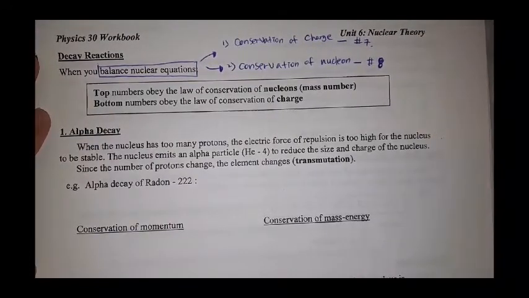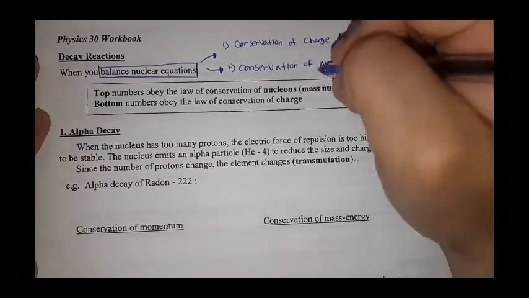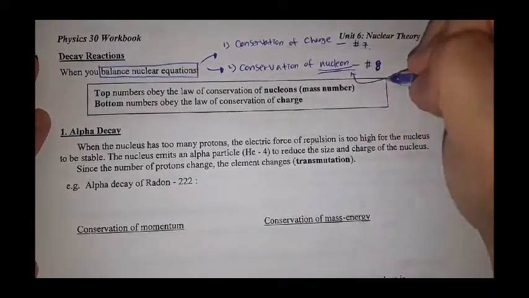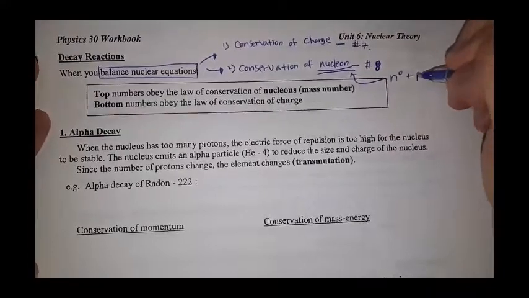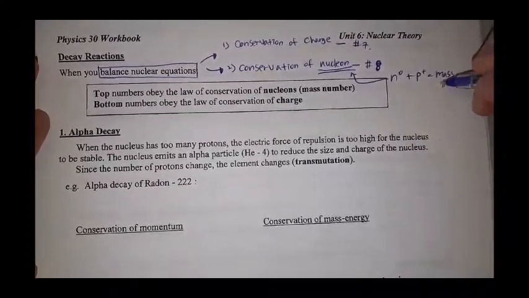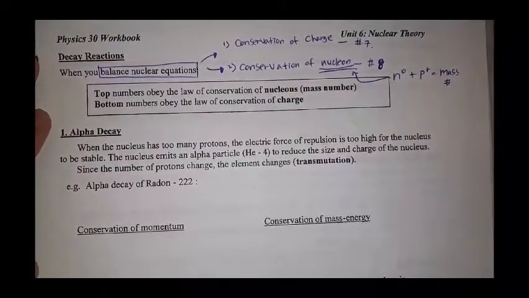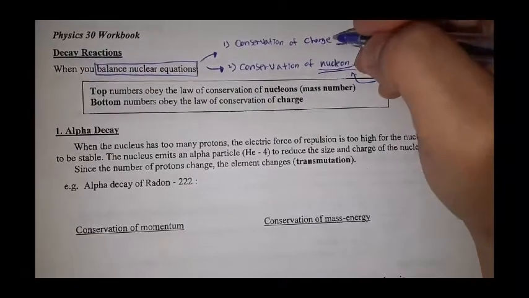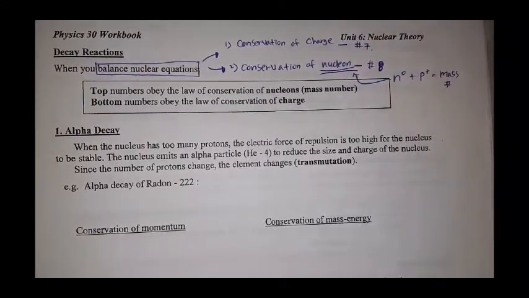Now, first of all, you need to understand the term nucleon. What is a nucleon? Nucleon is basically the number of neutrons plus the number of protons, so it's basically the mass number. And the charge, in other contexts, like the conduction of identical spheres, is a negative charge.